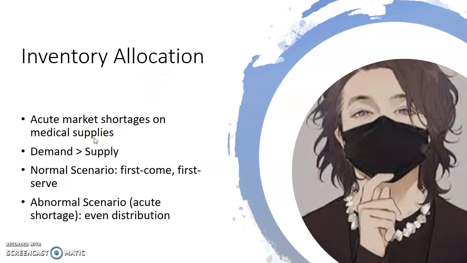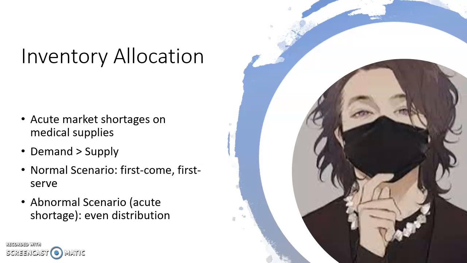However, oftentimes, and especially nowadays, products go on market shortages, and the company needs to take a slightly different approach during that time. So, in other words, we have 200 orders and we have only 100 units.